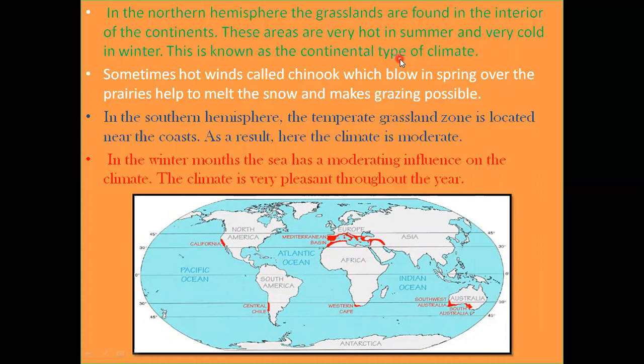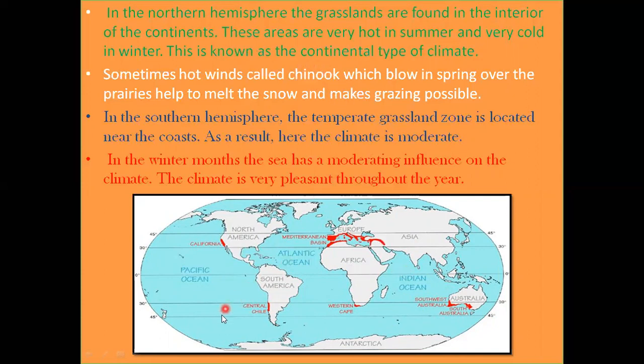This is known as a continental type of climate. Which one do we call a continental type of climate? The northern hemisphere, because it lies in the interior of the continents. That's why it is known as continental climate.